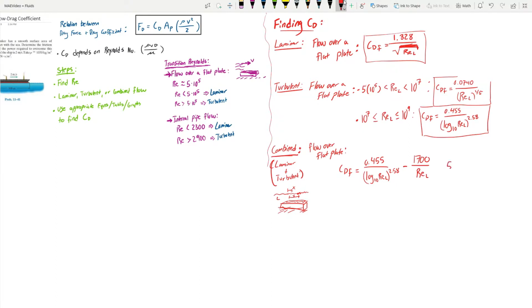And this is true if the Reynolds number is between 5 times 10 to the 5th and 10 to the 9th. So this is just a glimpse of a couple scenarios. Obviously, for these three examples that I showed you, those are all for flows over flat plates.